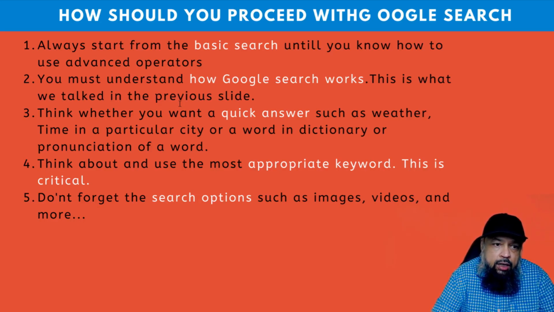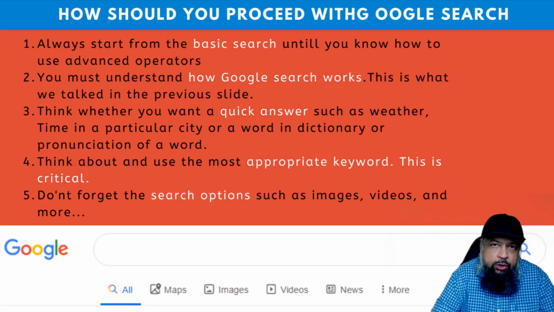In particular, if you are searching anything for your research or as a graduate student, it's very important that you use appropriate keywords. Now, there are also some search options available. When you search something, you will see these few options at the top: maps, images, videos, news, and some more options.